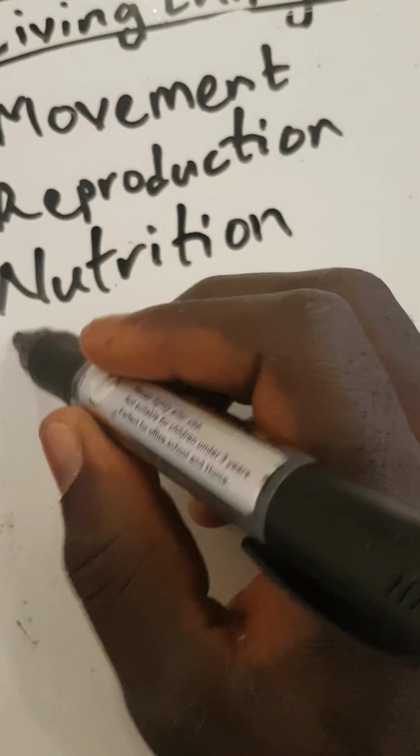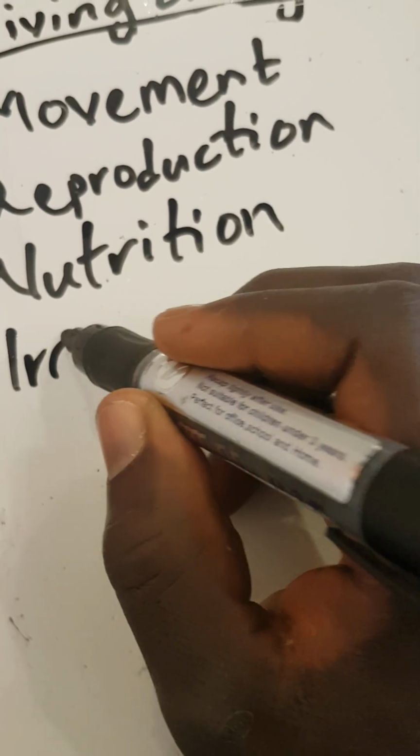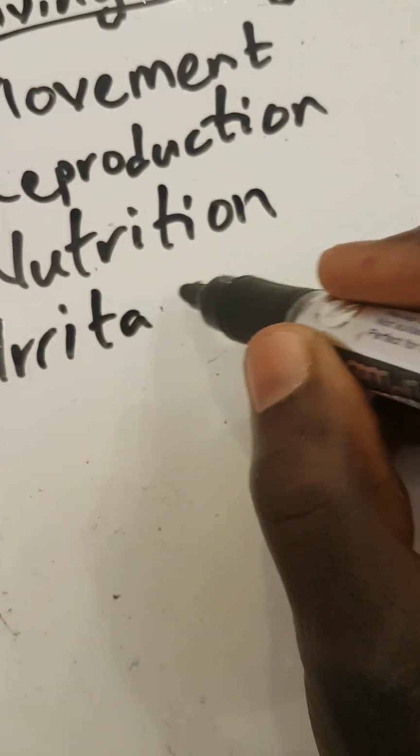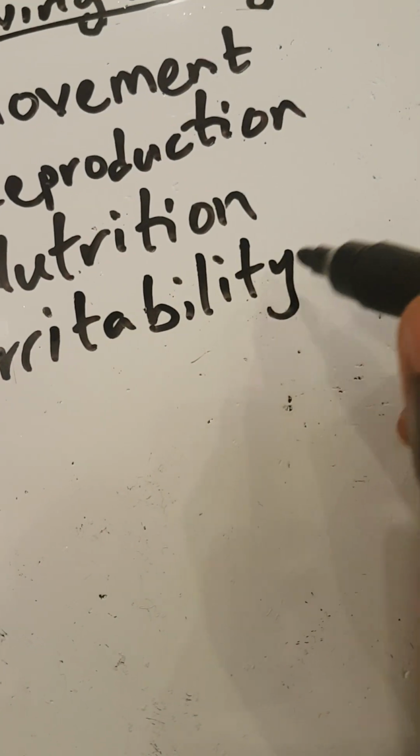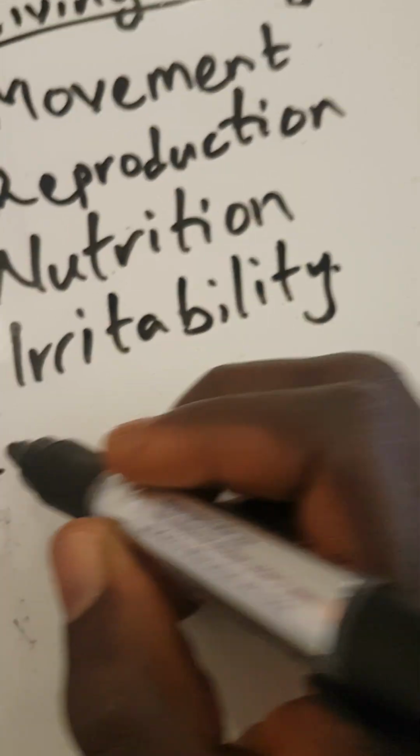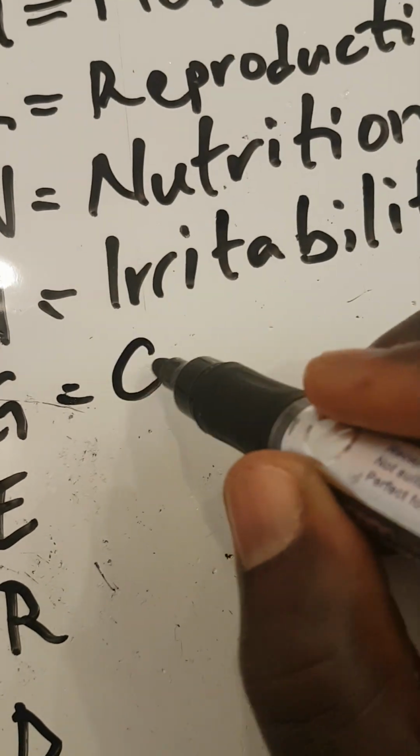We have irritability. G, we have growth.